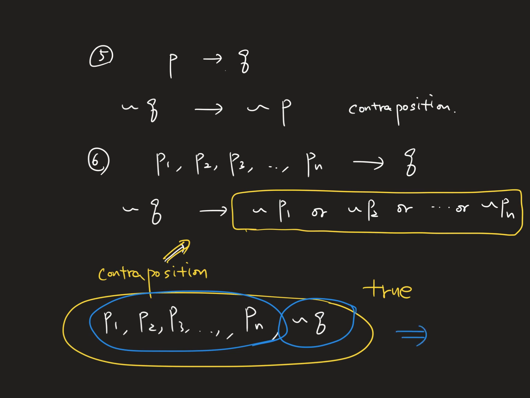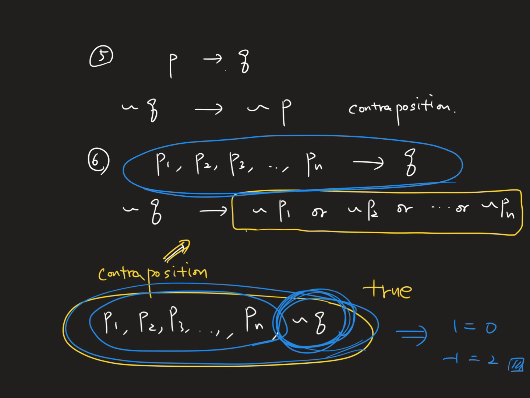For example, you're going to meet 1 is equal to 0, or -1 is equal to 2, something like that, and in that case you can immediately say this is the end of the proof. Just by adding this not Q, you're going to find something weird, and then you can immediately say this one is true.